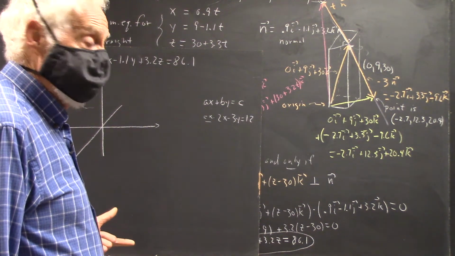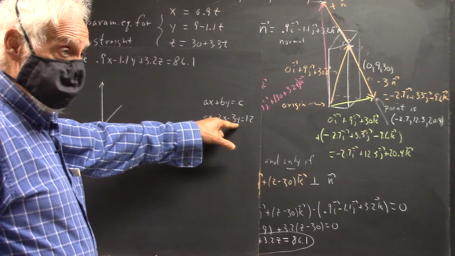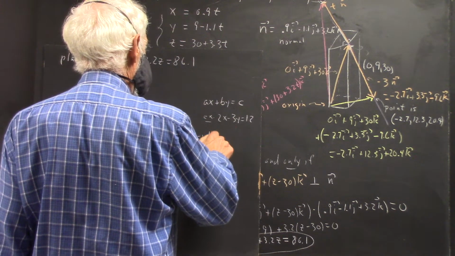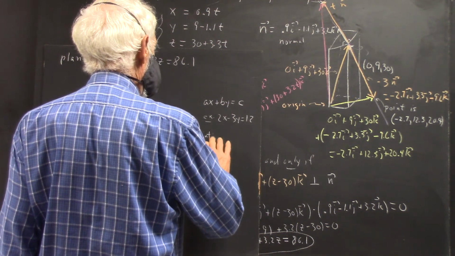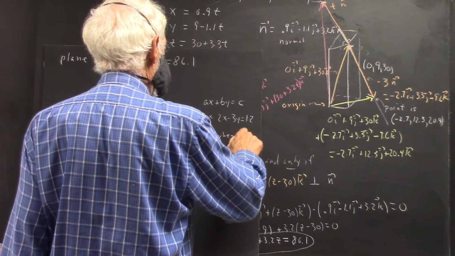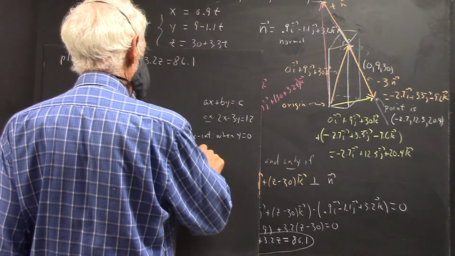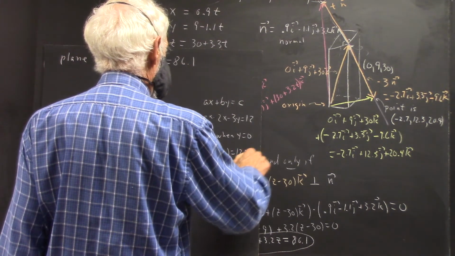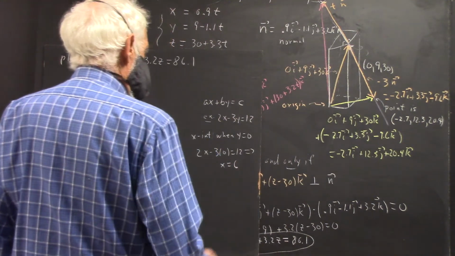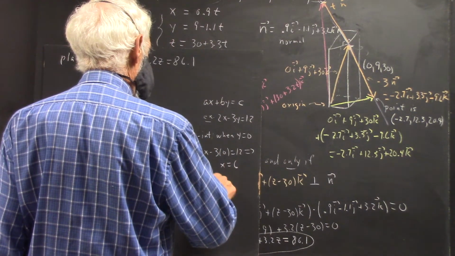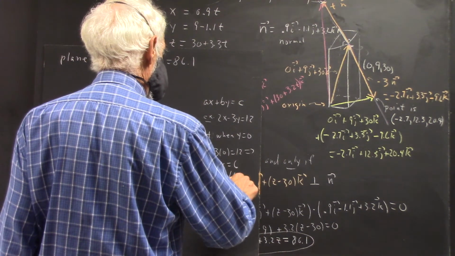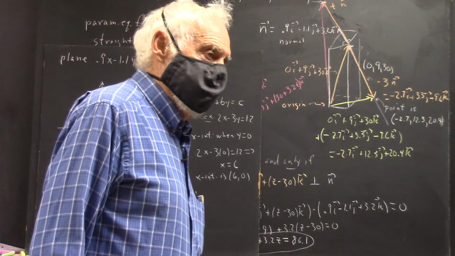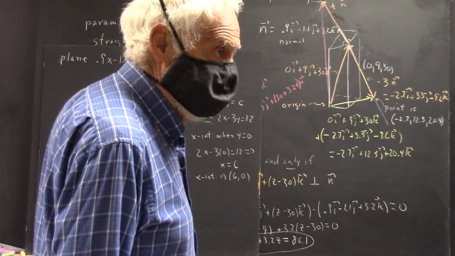Well, the x-intercept occurs if y is 0, right? Okay, this should be totally obvious. You should have done a lot of this in your Algebra 1, when you're dealing with a straight line.